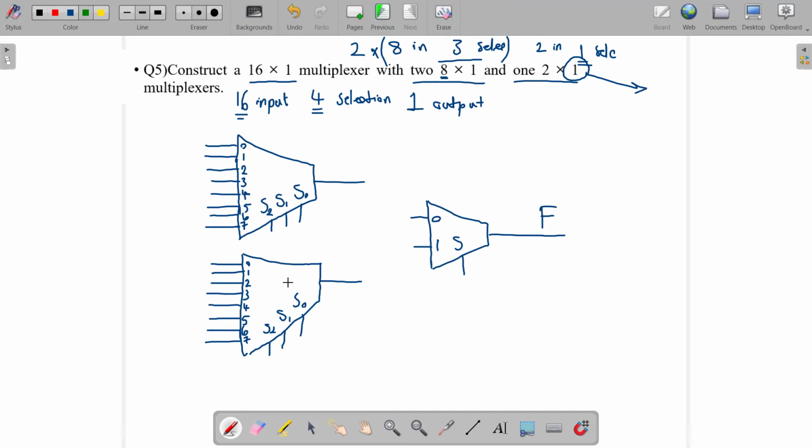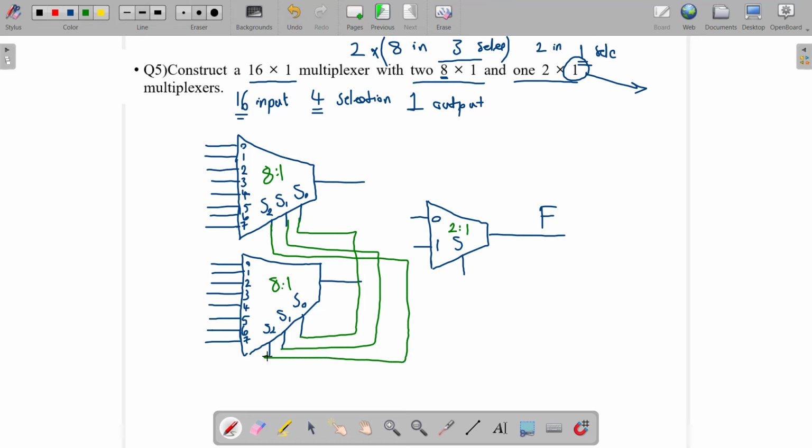Okay, so after drawing two 8 by 1 multiplexers and one 2x1 multiplexer, I connect this S0 to this S0, this S1 to this S1, and S2 to this one.